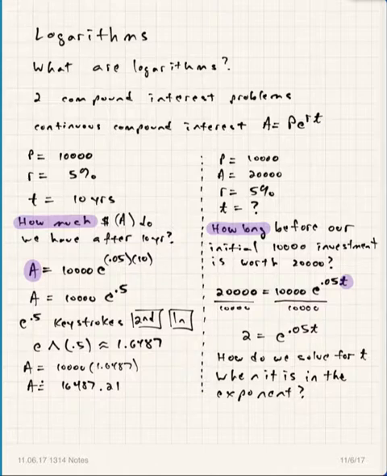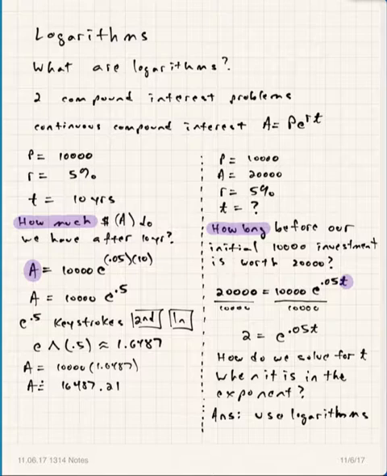And so the answer is not going to make you very happy when I write this down, because it's still unclear as to what I'm talking about. But the answer is we're going to use logarithms to do this. This is where logarithms come into play in an expression, or at least one place where they come into play, is to try to solve an equation like this, where the unknown, the variable, is in the exponent of an exponential expression.